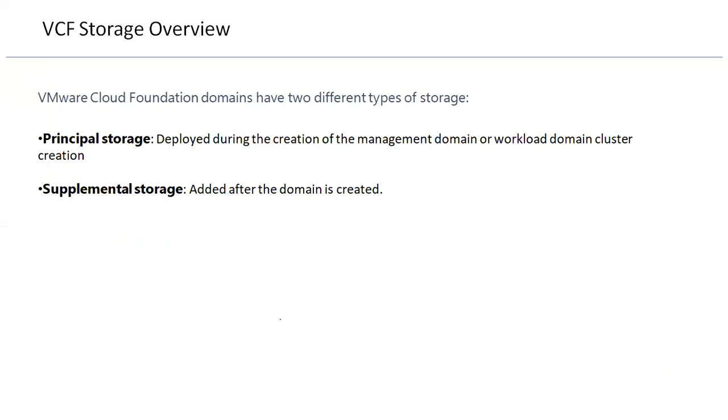So when we say VCF storage overview, VMware Cloud Foundation primarily refers to two types of storage, the principal storage and the supplementary storage. The principal storage is deployed during the creation of the management domain or workload domain. If we are going to create a management domain cluster or a workload domain cluster, and during the creation of the cluster we choose any kind of storage, we refer to it as principal storage, whereas supplemental storage is added after the domain is created.